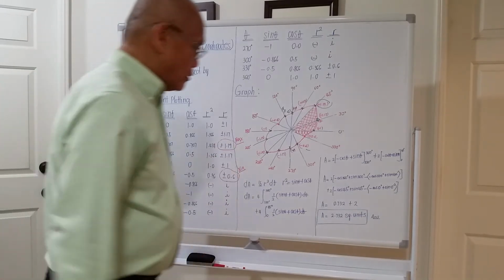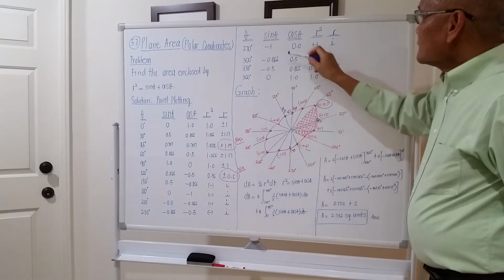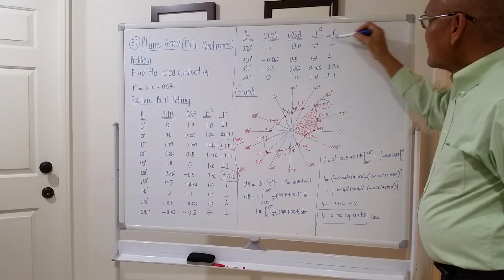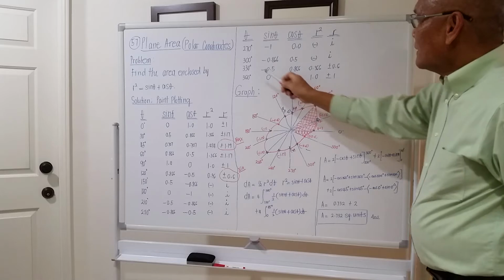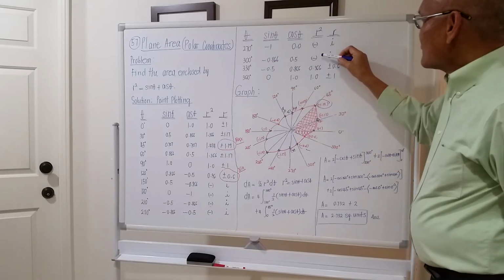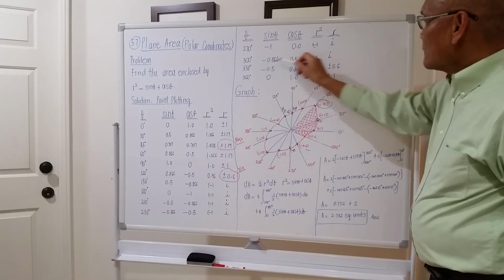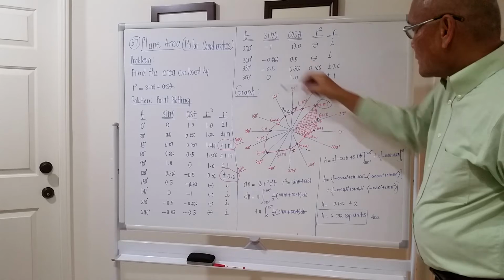Okay, let's continue. At 270, the value of r square will still be negative, so the radius at 270 is non-existent. At 300 degrees, this is still negative because 0.866 is greater than 0.5. This is negative, this is plus. It's still imaginary. Okay, let's proceed with 330.